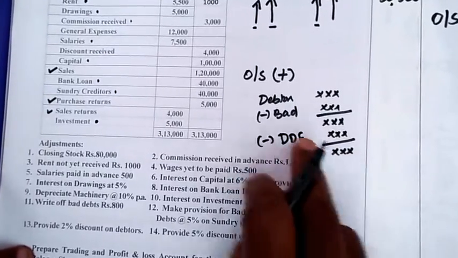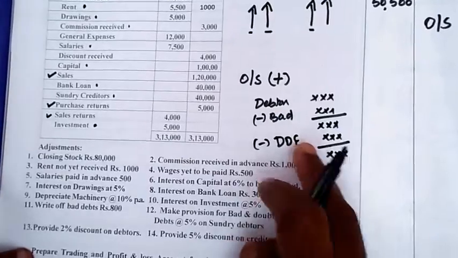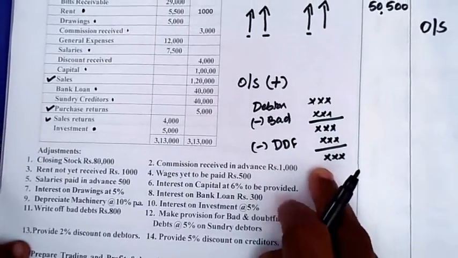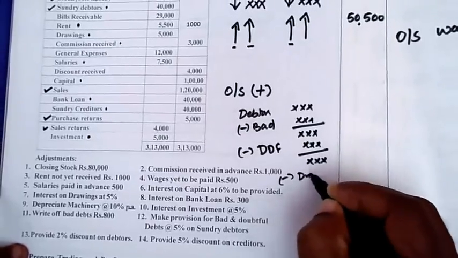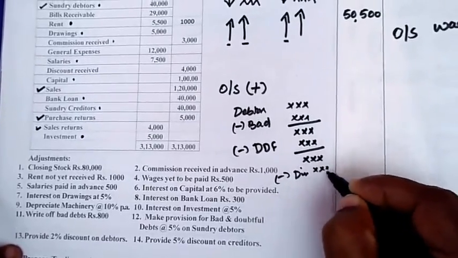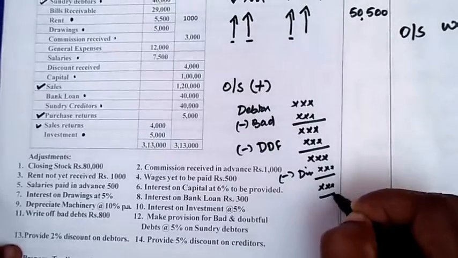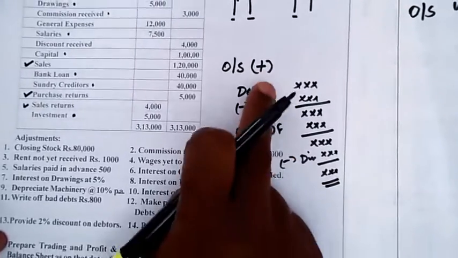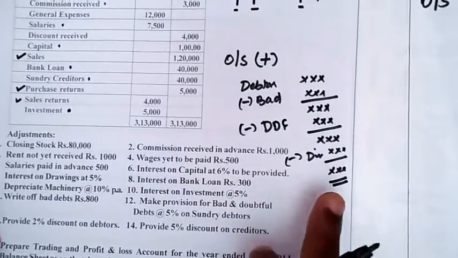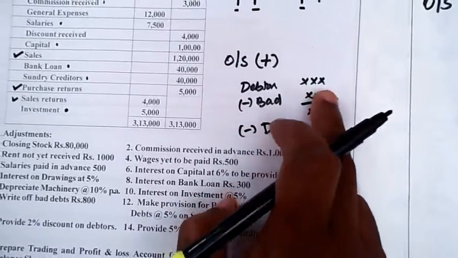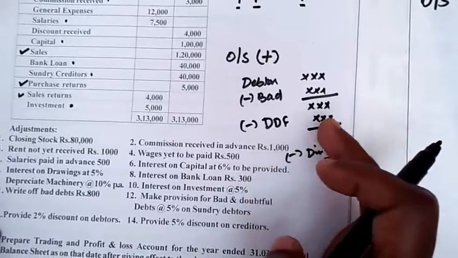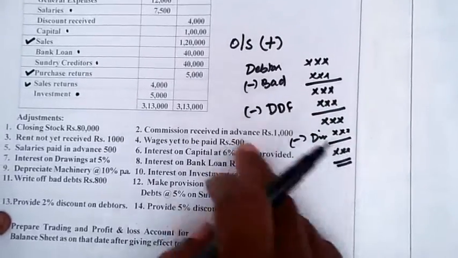After deducting bad debts and doubtful debts, the third preference will be discount on debtors. So subtract the discount, provided for good debtors. The remaining amount can be collected from debtors. So according to this order only, you have to make the adjustment. You cannot directly subtract doubtful debts, then provide discount on debtors, and finally bad debts.